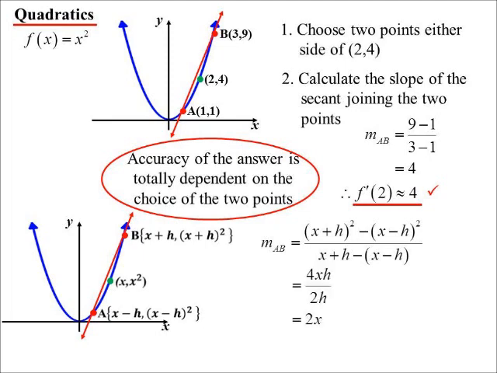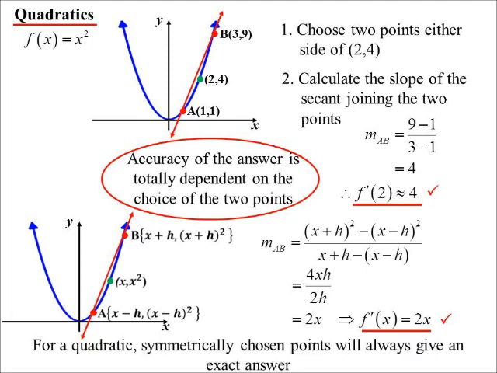And that tidies up to be 2x. And that also turns out to be correct. The gradient function for y equals x squared is indeed 2x. Now, the reason this works is because I chose it symmetrically. And for quadratics, it'll always work if you do it symmetrically. So that's why when I generalised it and did it symmetrically, it worked perfectly and I got the correct answer of 2x.